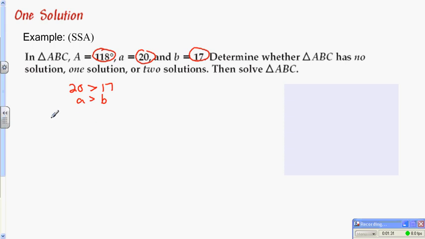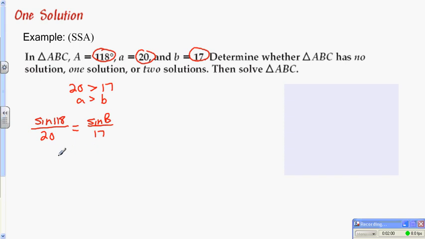So from this point, let's use the law of sines. Sine of 118 over its opposite side, which is lowercase a, so 20, equals, we have side B, that's 17, so that means we want sine of capital letter B, which means angle B, because angle B is opposite side B, and we want those to be paired up.